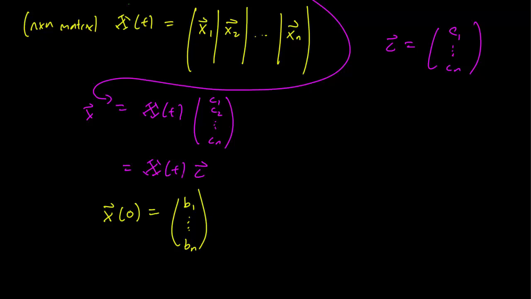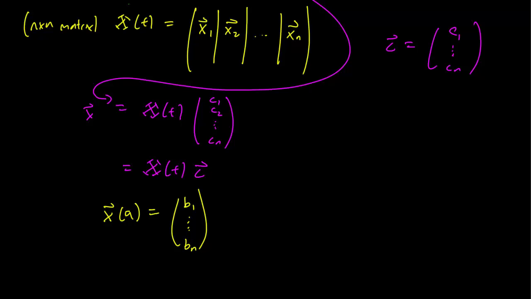So this is just the value of x to start with. It doesn't have to be at 0, it could also be at the time a. But anyway, at a certain initial value, we have the coefficients of the vector x arrow.